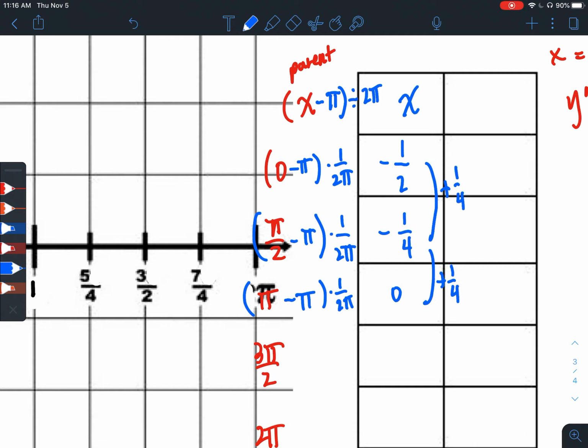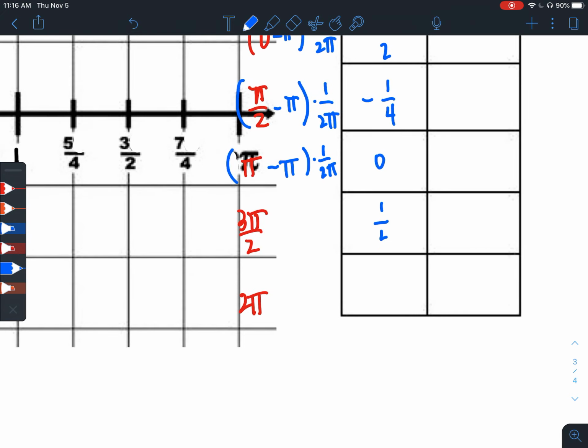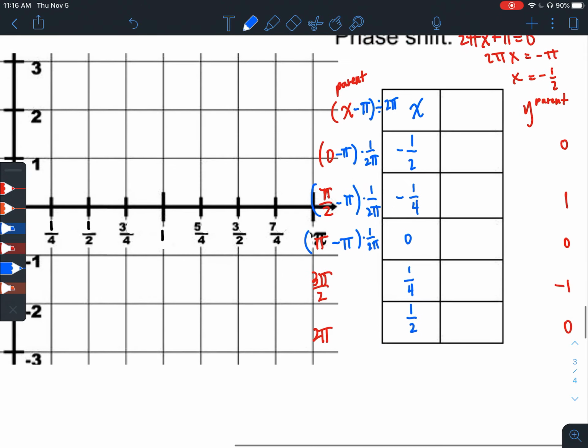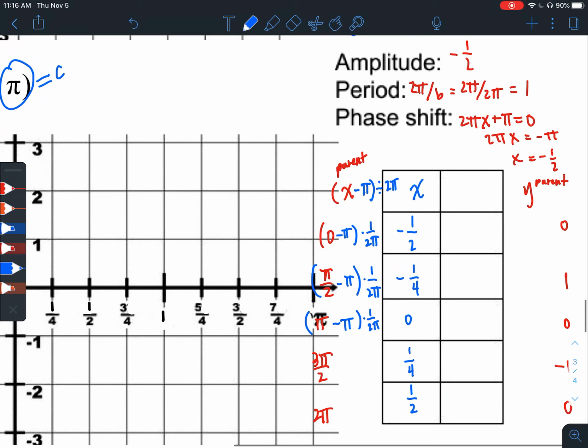So you can continue on with that pattern, or you can keep doing the equation. I like to just follow the pattern because it saves me time and math. Okay, and then our y values, we're going to multiply by negative 1/2.